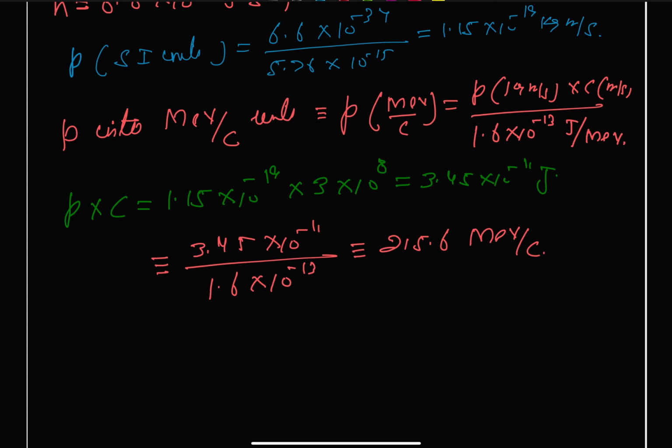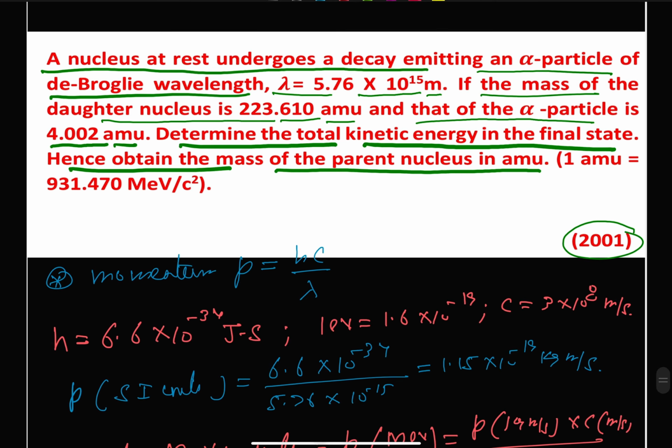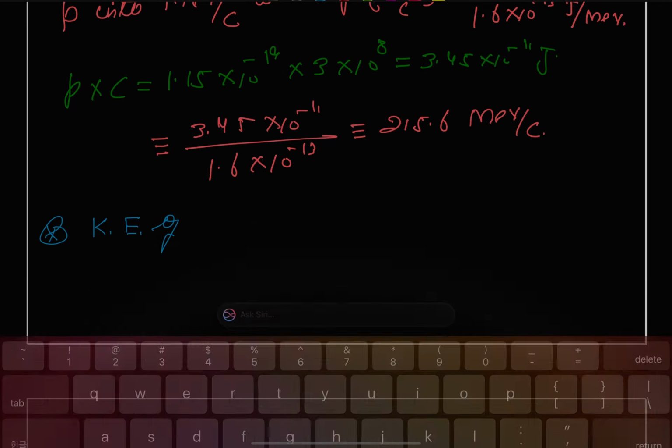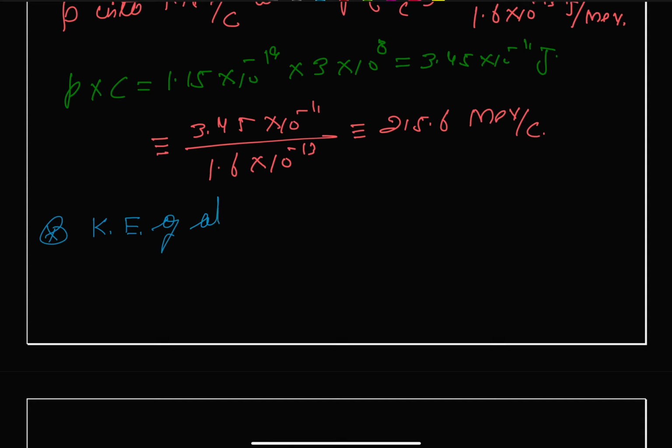And kinetic energy. So you can say that our kinetic energy of alpha particle, that is our K alpha, will be equal to P square upon 2m.